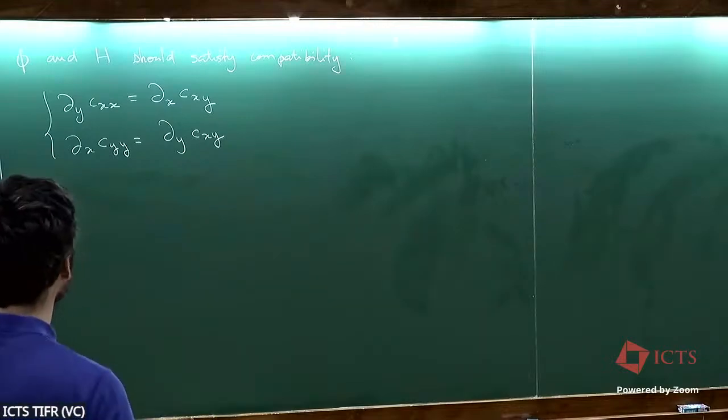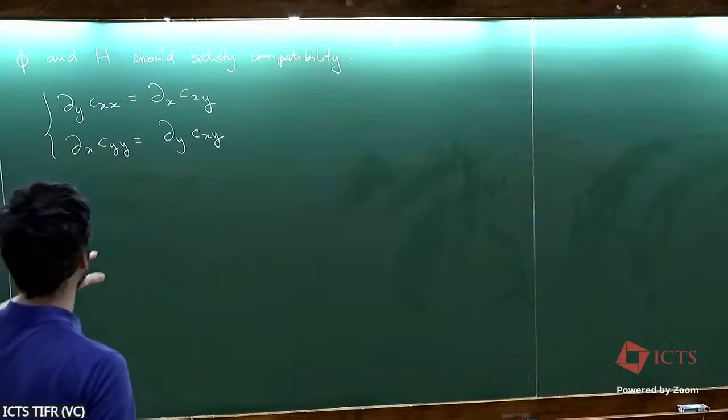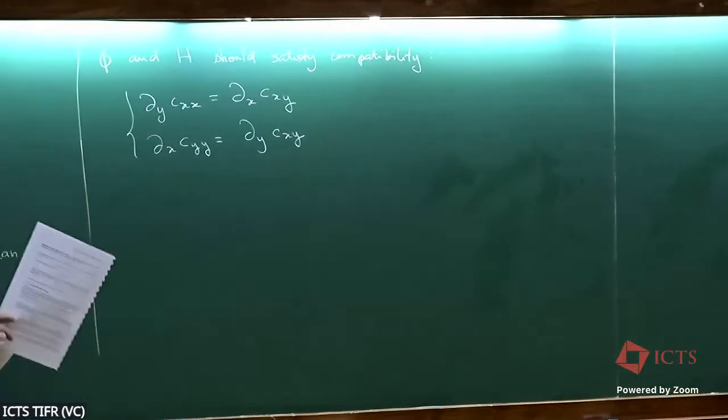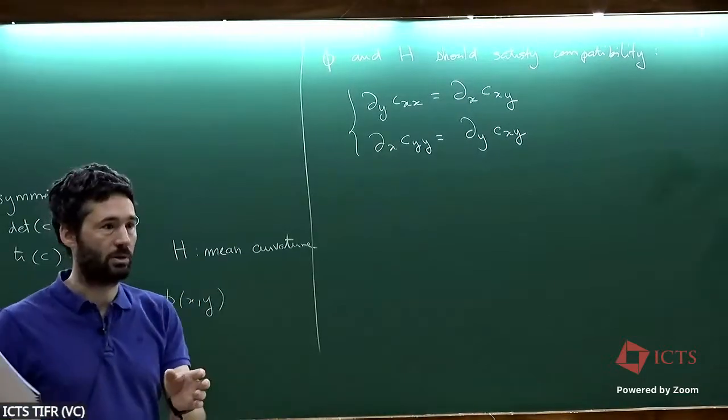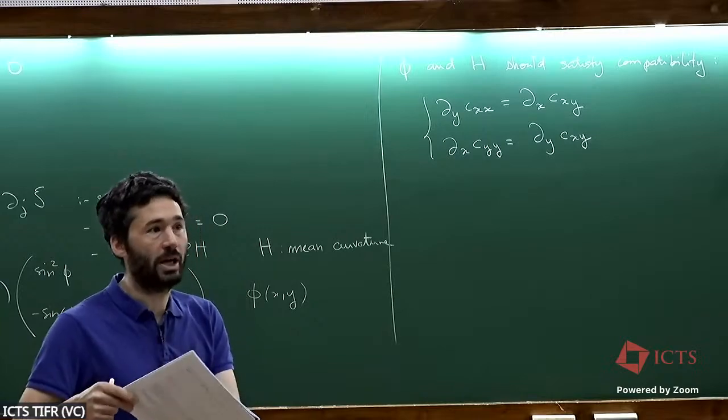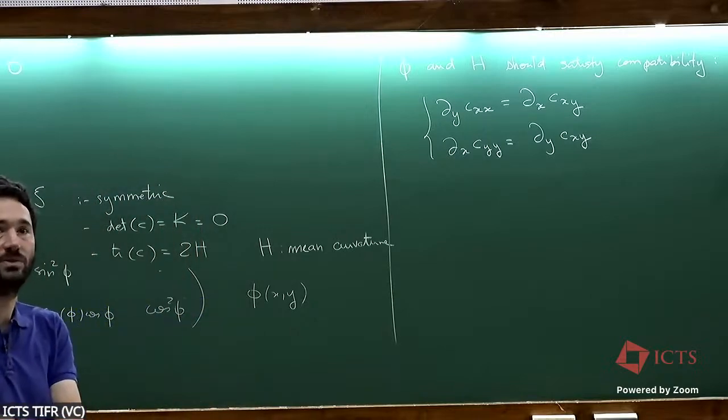I won't do the full calculation. In this calculation, you can plug in this expression for C, then expand the derivatives. In C you have products of h times functions of phi, so in the derivatives you will have terms with constant phi multiplied by derivatives of h, plus terms with constant h multiplied by derivatives of phi.